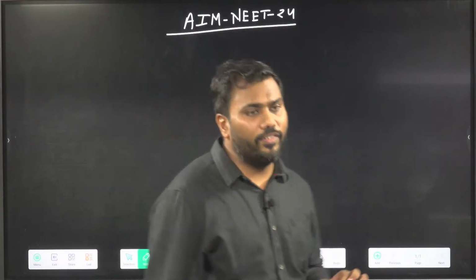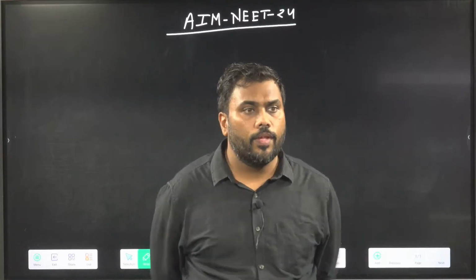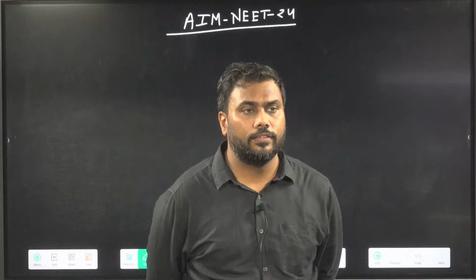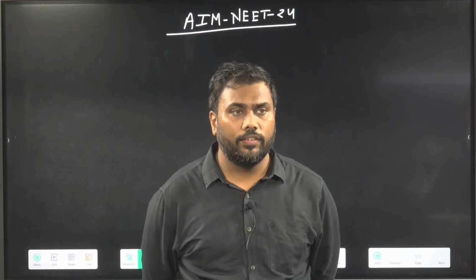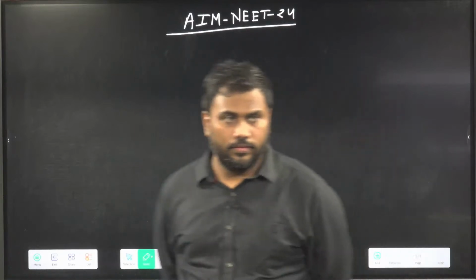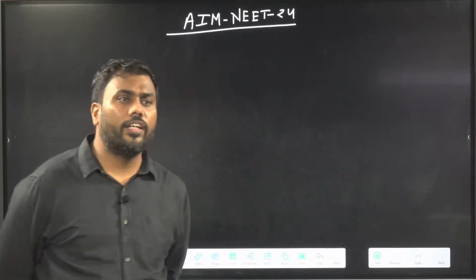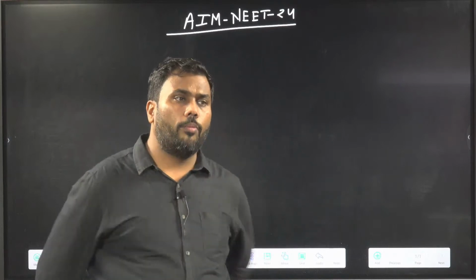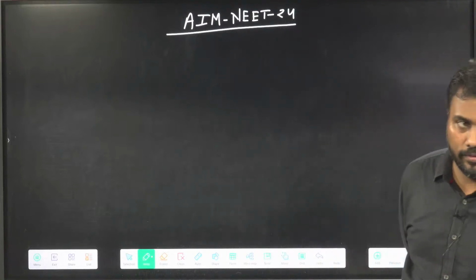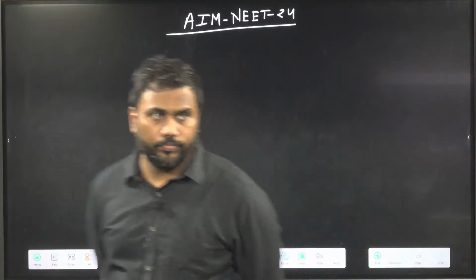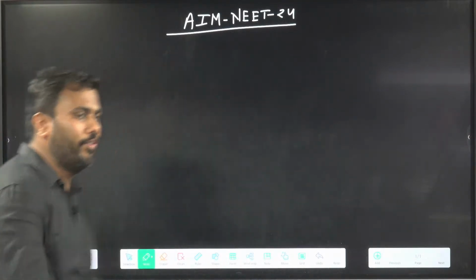How many properties have we covered? 8 or 9? 9. Okay. Have we covered the component property, the component of a vector onto another vector? Yes. Very good.